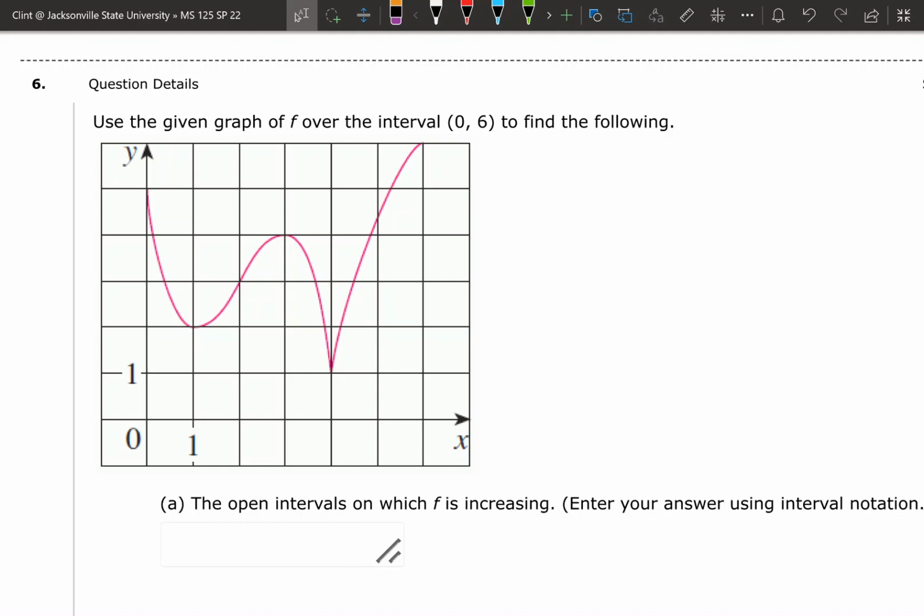And where else? Yeah, it looks like 4 to 6. So between here and here, and then from here to here, we're increasing over these intervals.